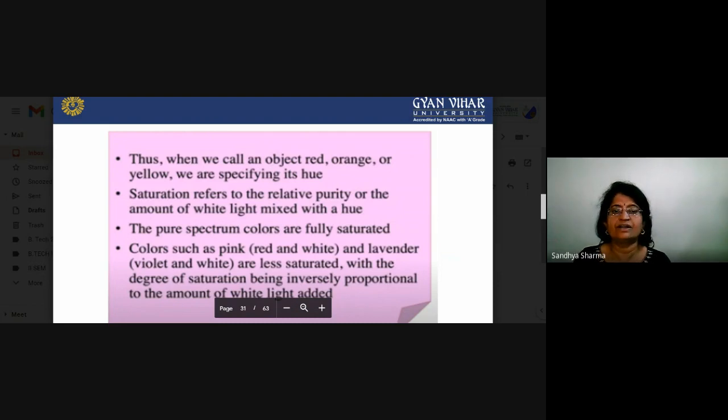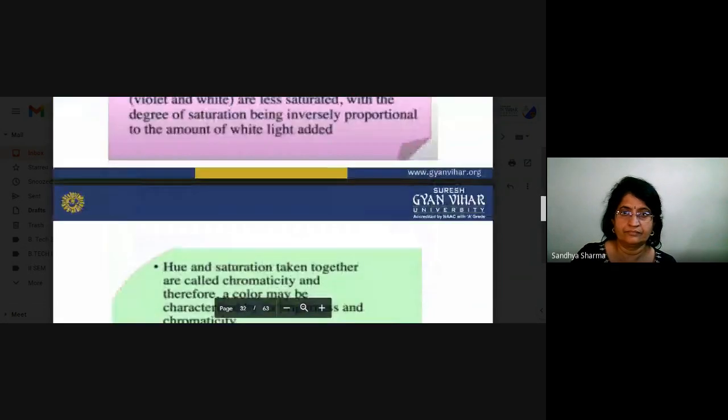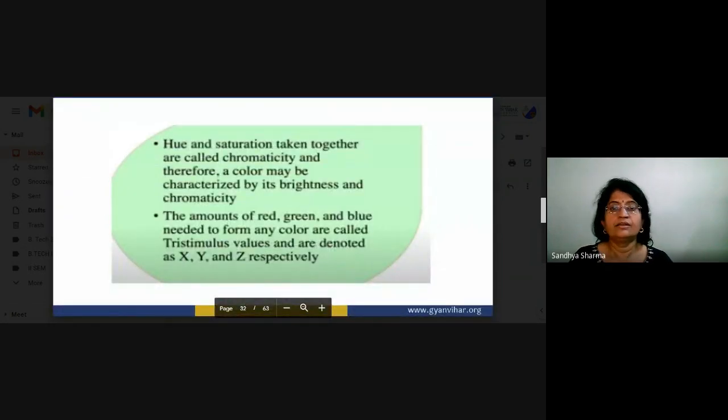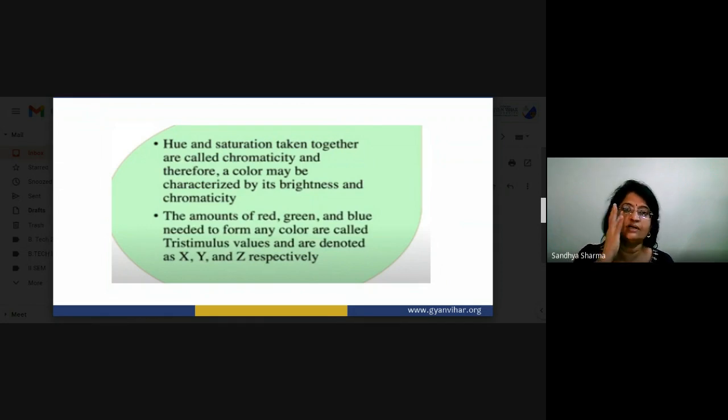Lavender is violet and white. Hue and saturation taken together are called chromaticity, and therefore a color may be characterized by its brightness and chromaticity. So both hue and saturation are part of chromaticity.